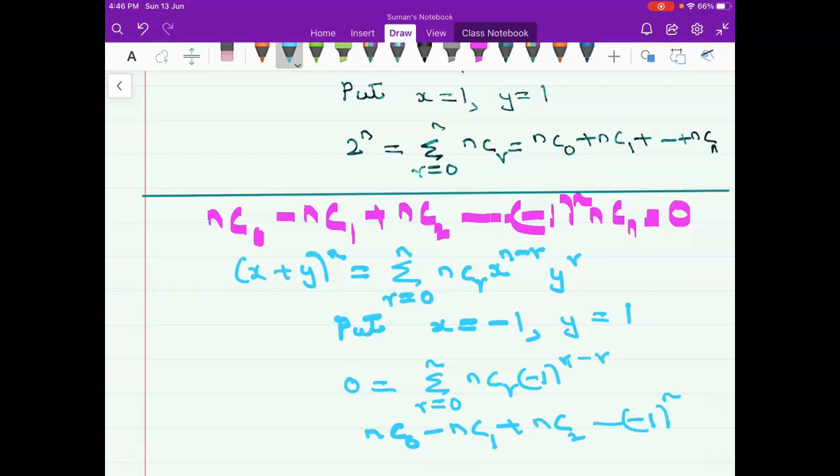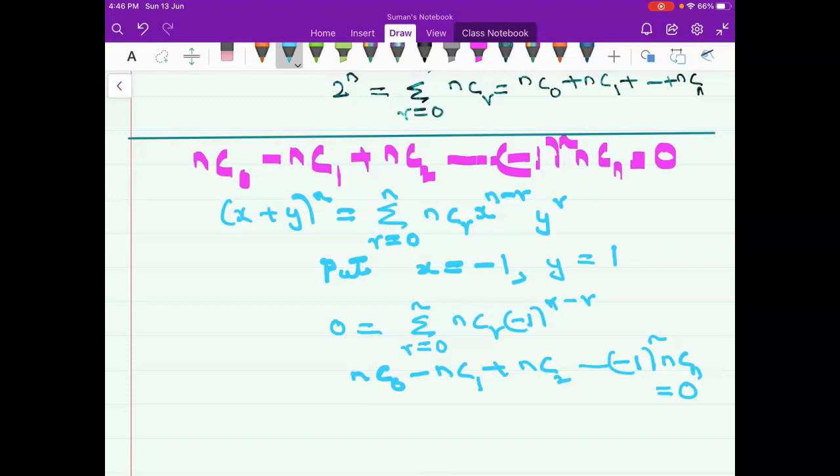So you get NC0 minus NC1 up to minus 1 raised to n NCn equal to 0. So these are two simple properties using the binomial theorem.